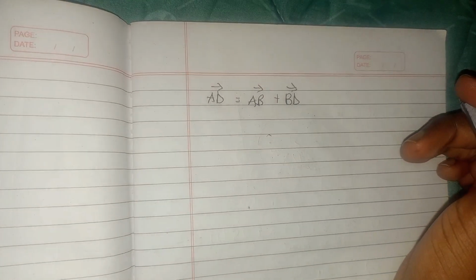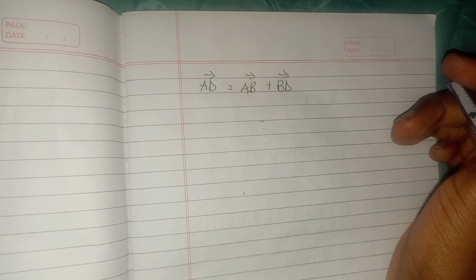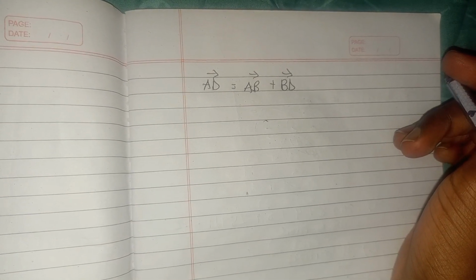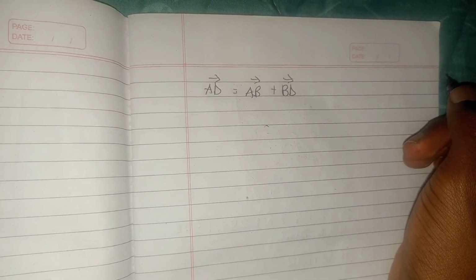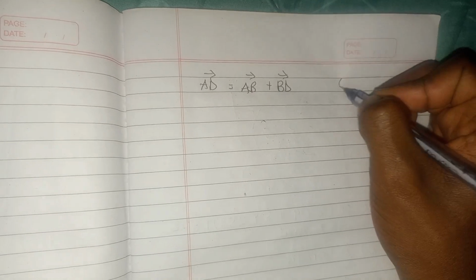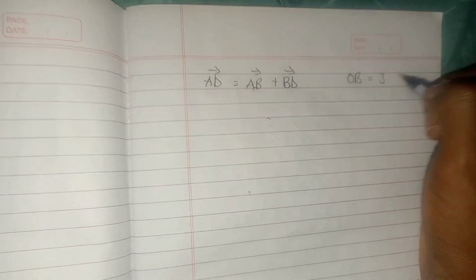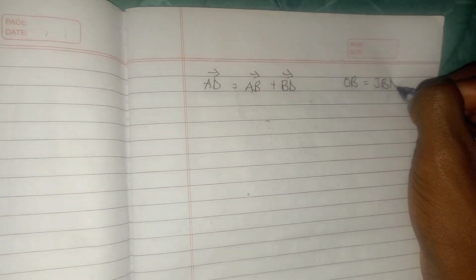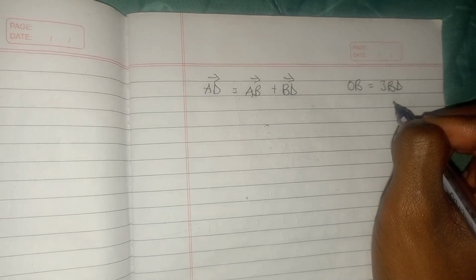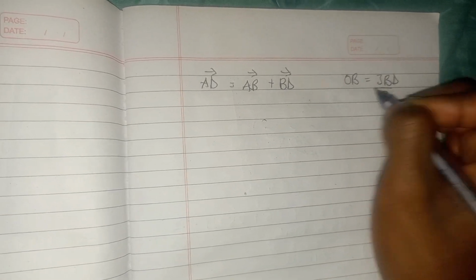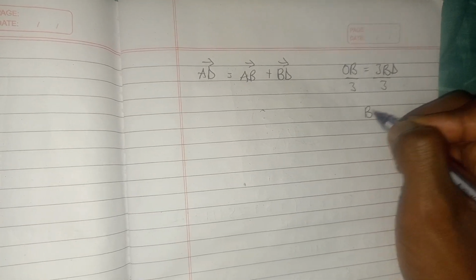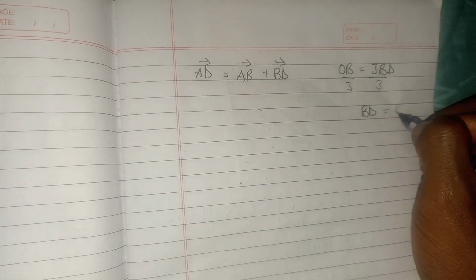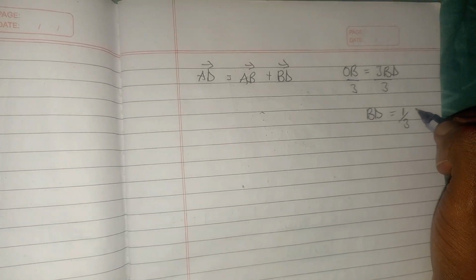We know at the back of our mind, according to the information given in the question, that OB is equal to 3BD. So if OB is equal to 3BD and we're looking for BD, we can make BD the subject of the formula by dividing by 3. So BD is equal to a third of OB.